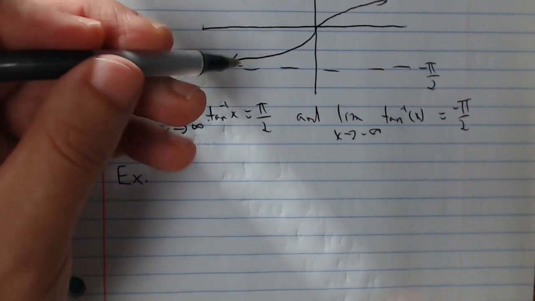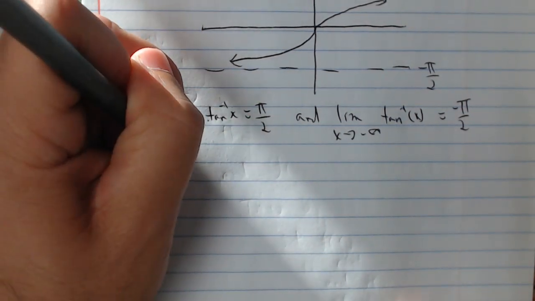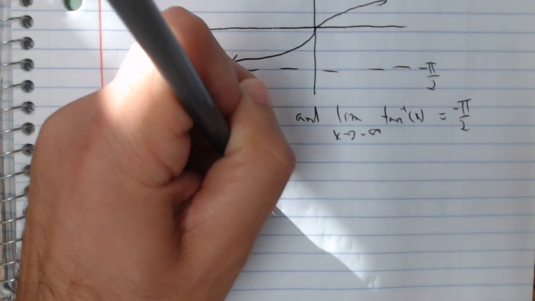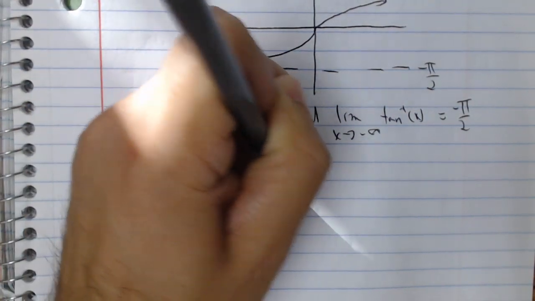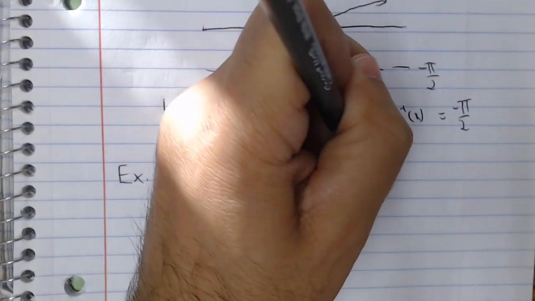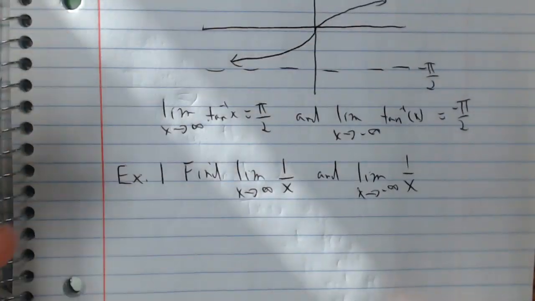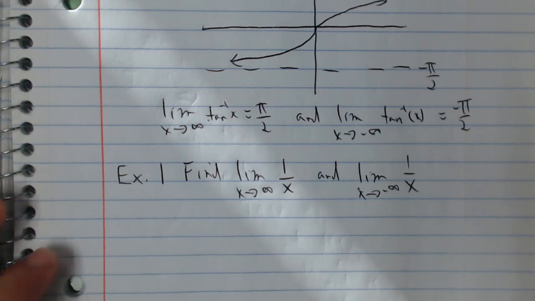So let's go on to our first example. We could say find the limit as x goes to infinity of 1 over x and the limit as x goes to negative infinity of 1 over x. So what do we notice here?